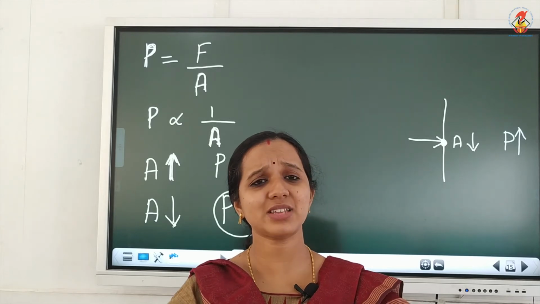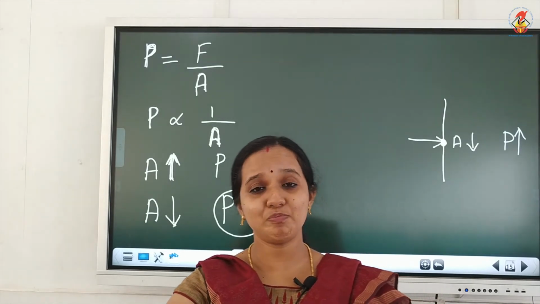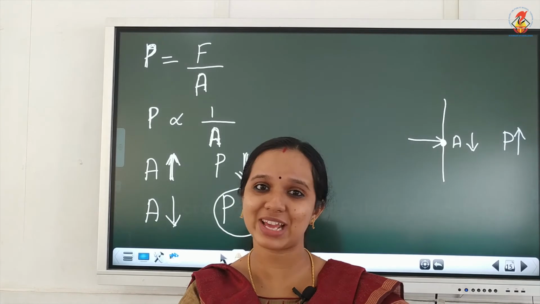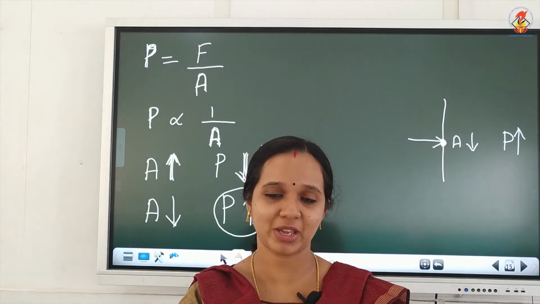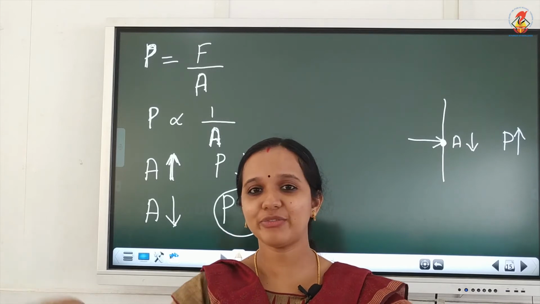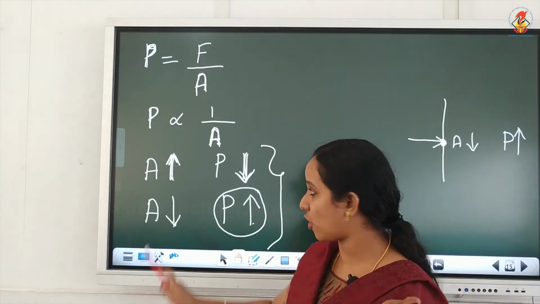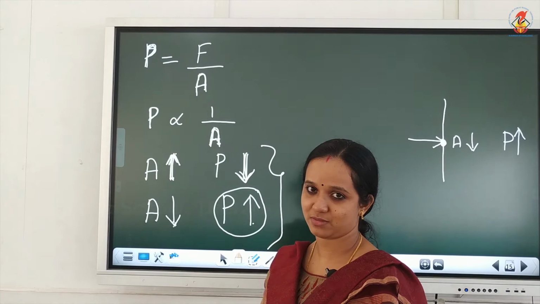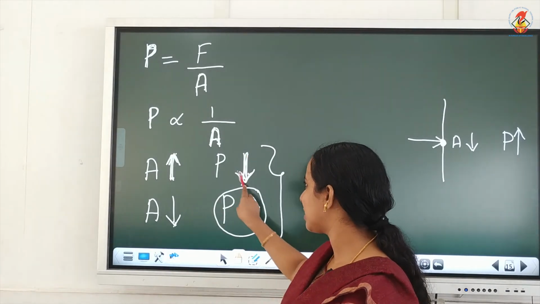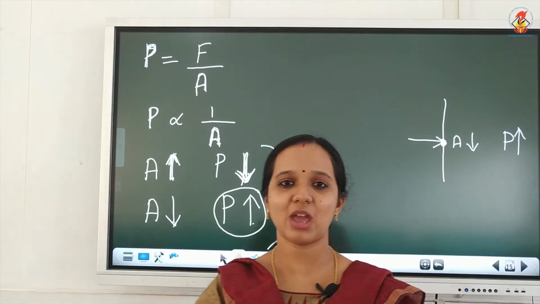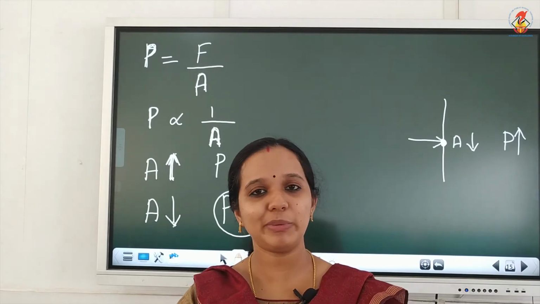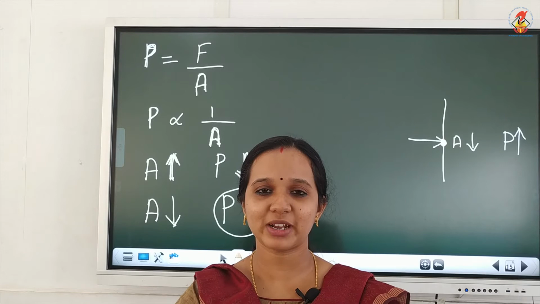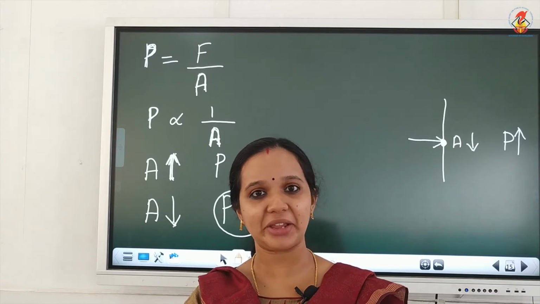Okay. Next example is big buildings have wide foundations. Big buildings have wide foundations, because wide foundation means area of contact is more, pressure will be less. So, it will be able to withstand the heaviness of the building. Now, it will be clear why trucks have wide tires.